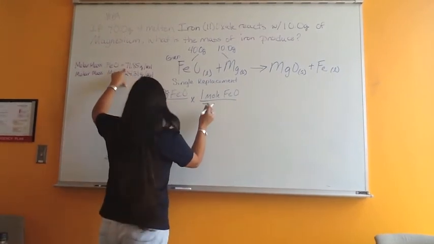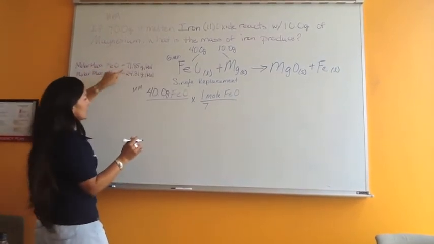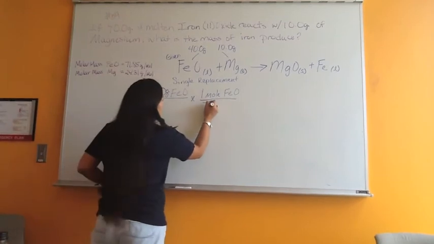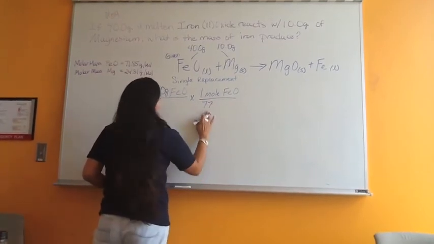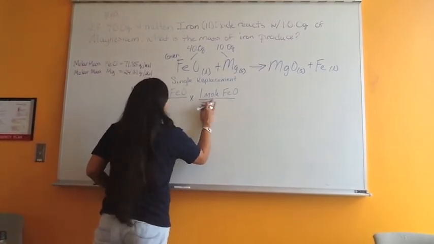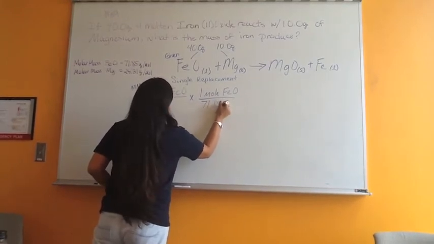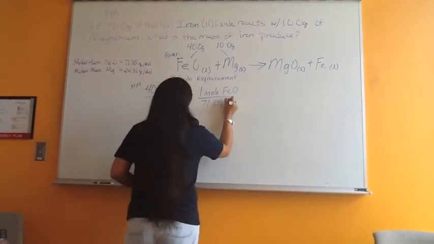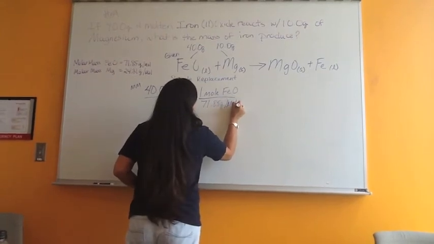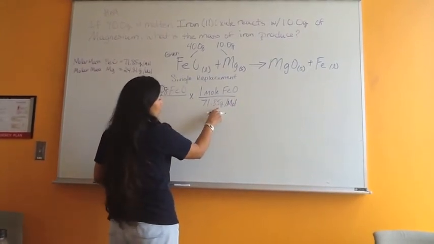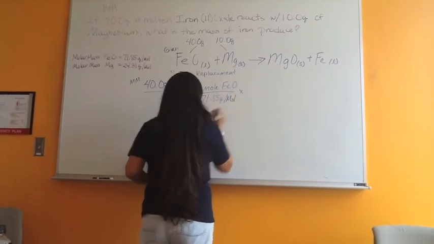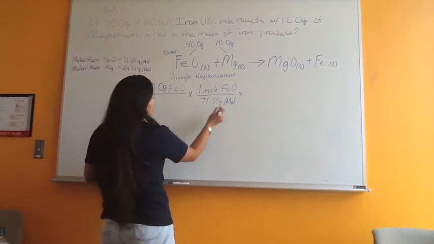Here is where we're going to use our molar mass equation. We've already calculated it, and that's going to be 71.85 grams per mole. I do things as we go, so this is grams.